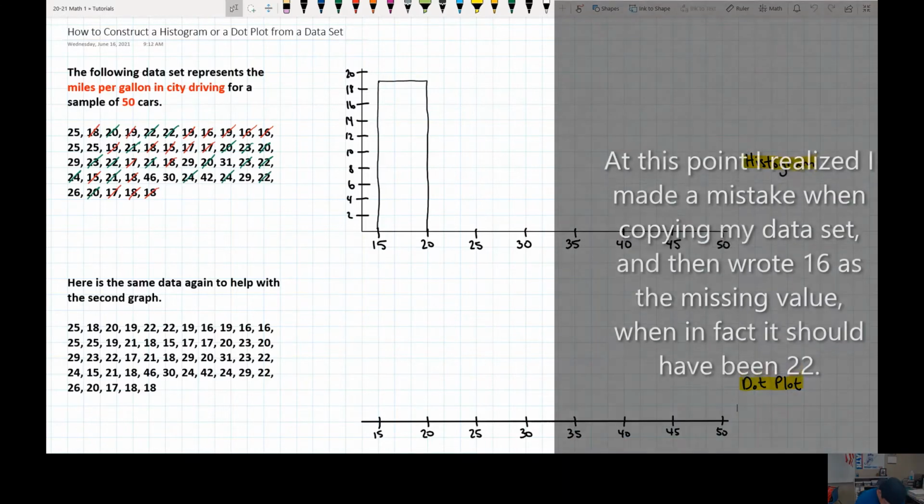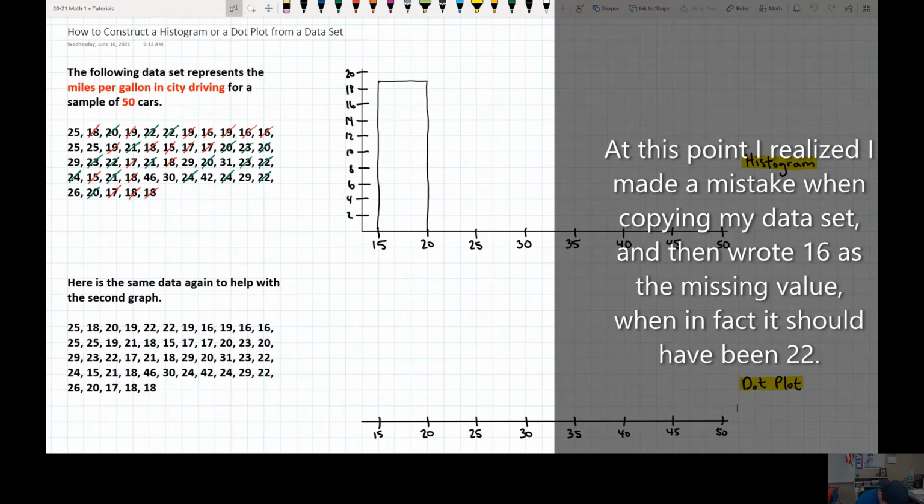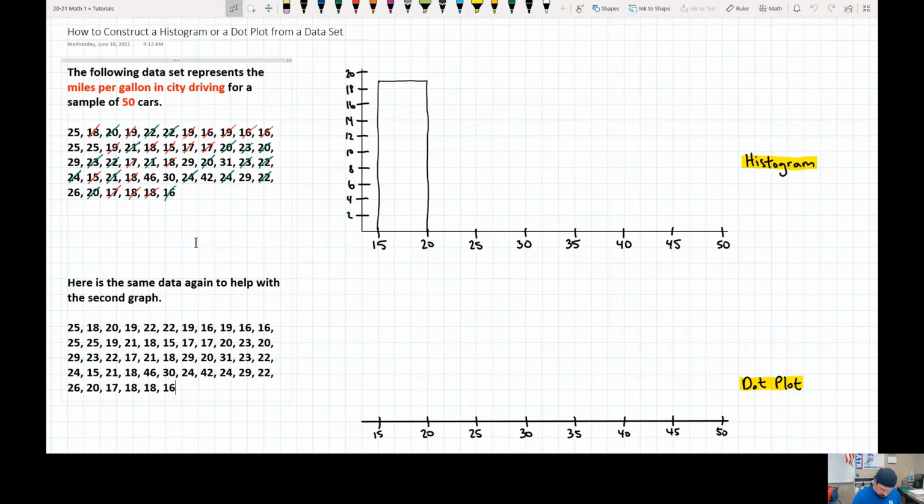Did I skip a number? I think I got them all. So we have 20 values that are greater than or equal to 20 but less than 25, and that will be the height of the next bar.